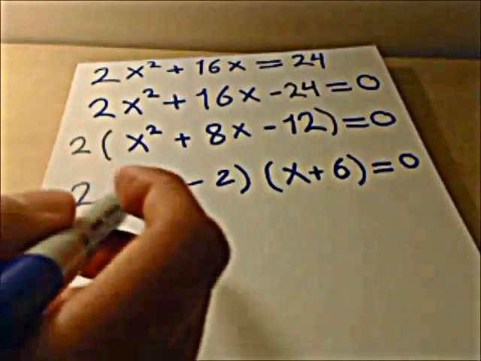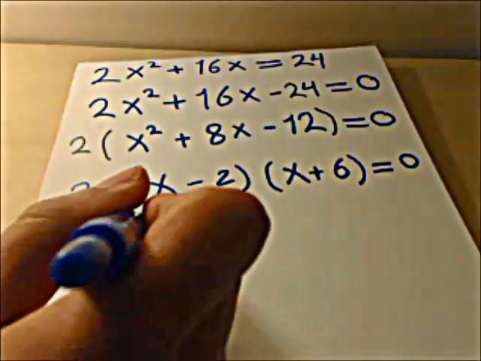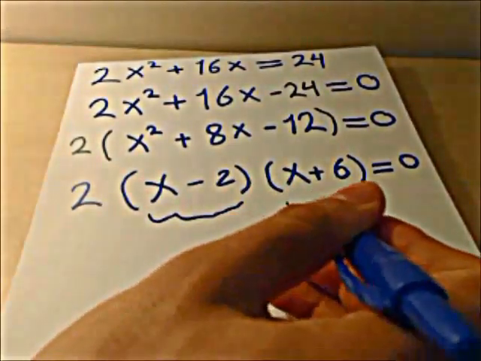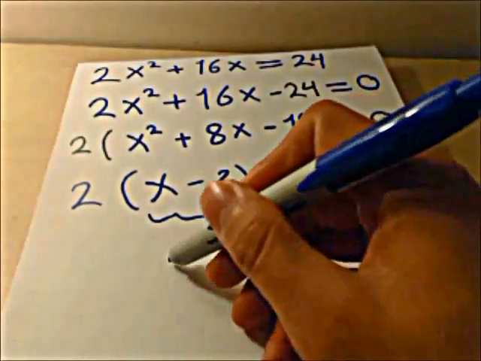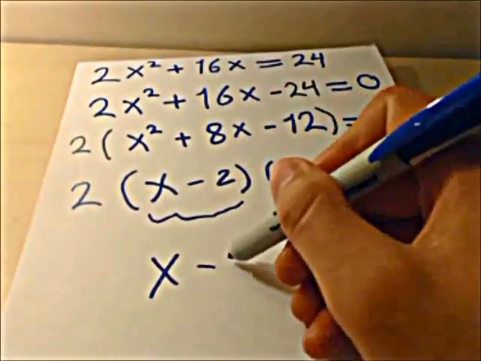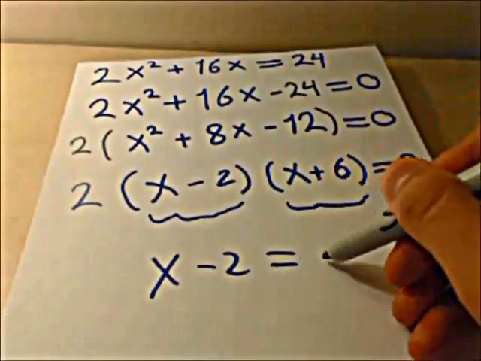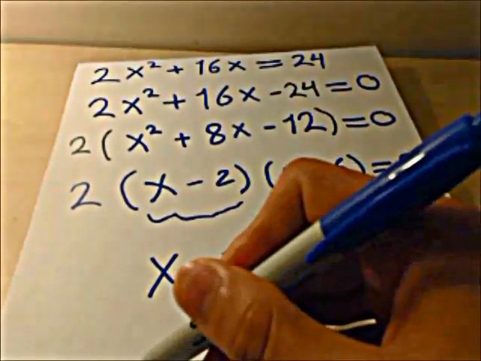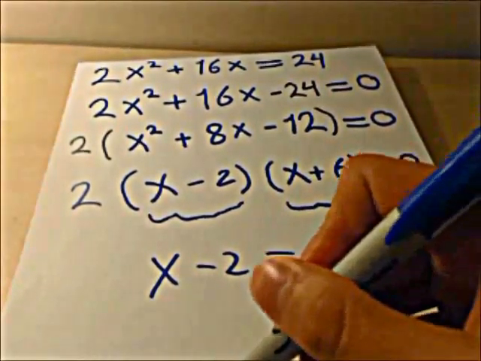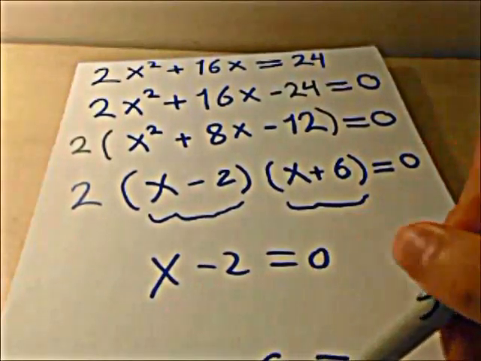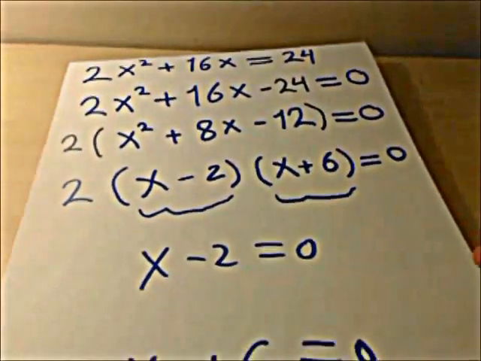Now we set each individual piece equal to 0 like we did the last time. So we've got either x minus 2 equals 0, or x plus 6 equals 0.